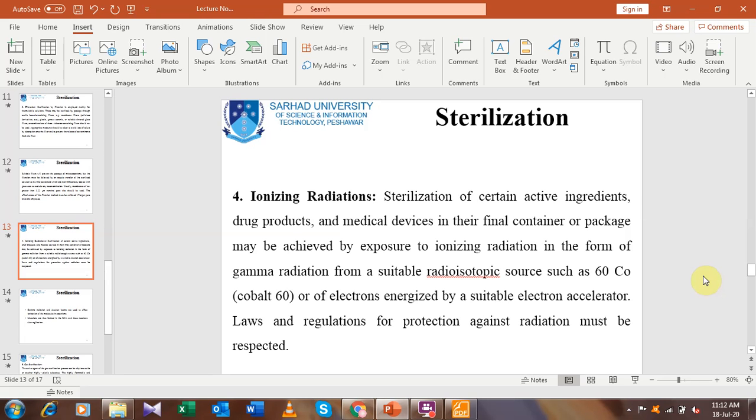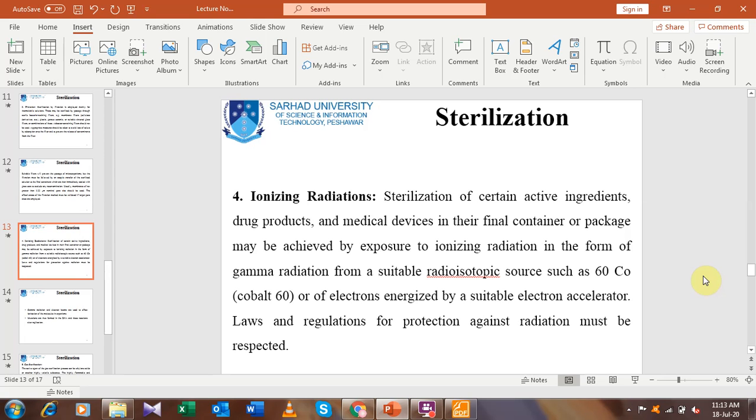Gamma radiation is one form of ionizing radiation, from a radioisotopic source, and the source is cobalt. Cobalt 60 is one source of gamma radiation, as are electrons energized by a suitable electron accelerator, and laws and regulations for protection against radiation must be respected.